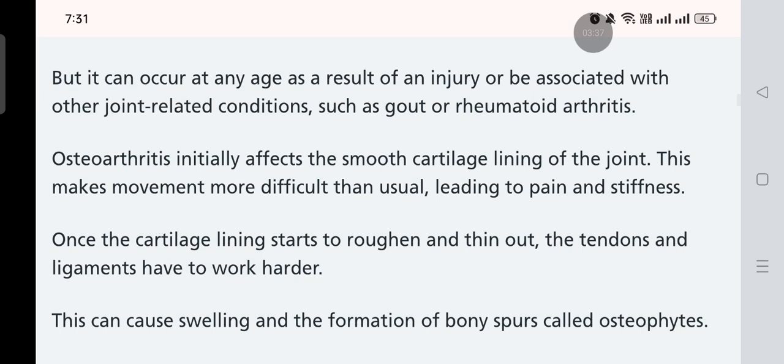But it can occur at any age as a result of an injury or be associated with other joint related conditions such as gout or rheumatoid arthritis.